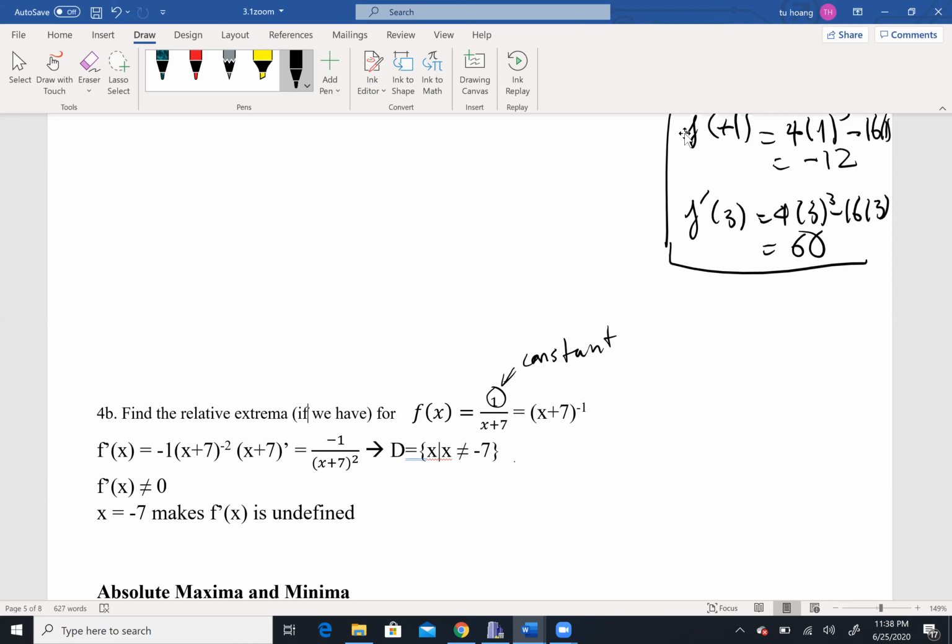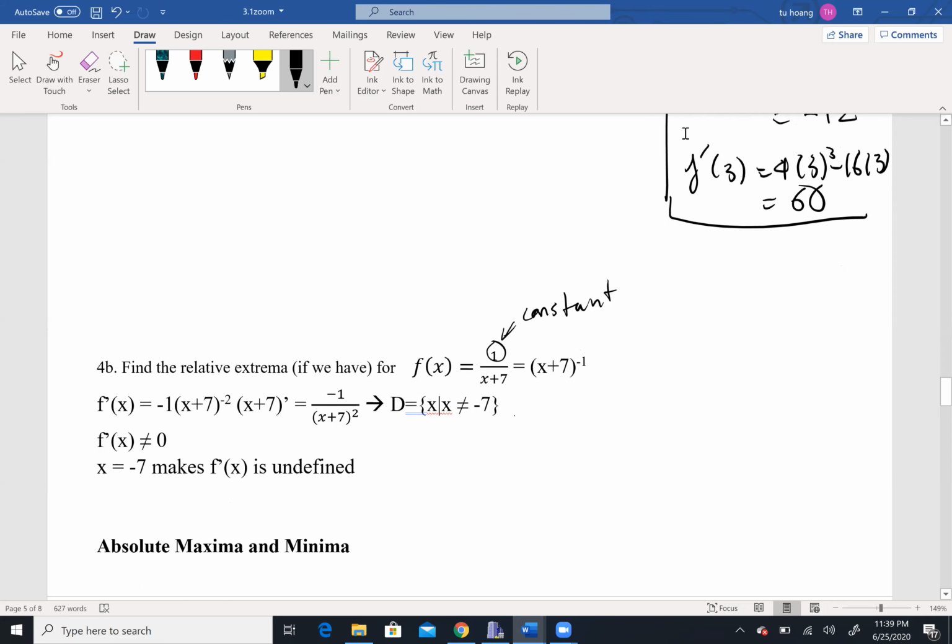So by using the general power rule, I have f'(x) equal to, you're going to take the power negative 1 and put it down in front of (x plus 7). So it was here now.